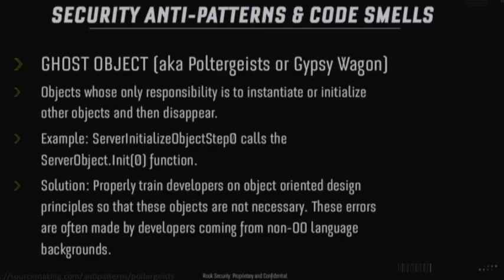So they might create an object that is a shim in their code to start up a class and set some things, and then that object goes away. And this is a problem because it introduces artificial complexity in the system, and it's cumbersome to maintain, as well as share the knowledge within your development team.